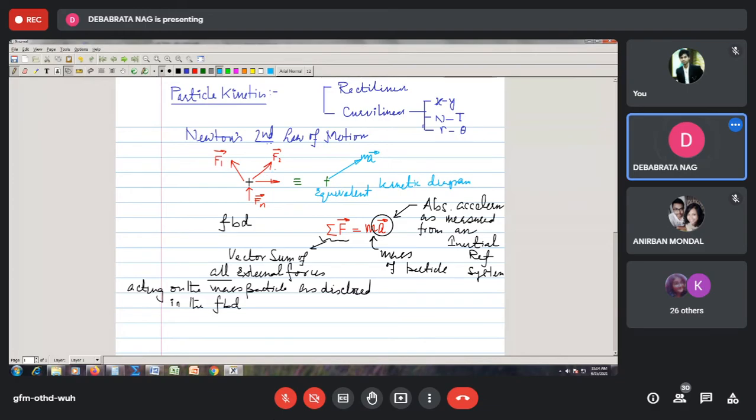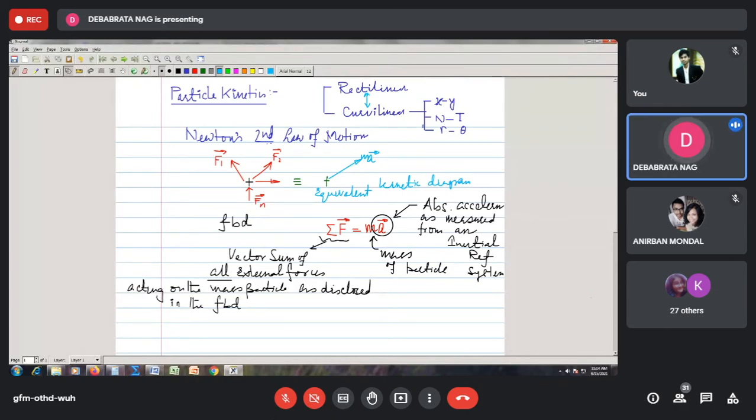Also we need to remember that the motion can be in general, rectilinear being a special case of curvilinear motion. So in general, the acceleration will have two components. Either it will have a bar x, a bar y, or a bar n, a bar t, or a bar r, a bar theta.